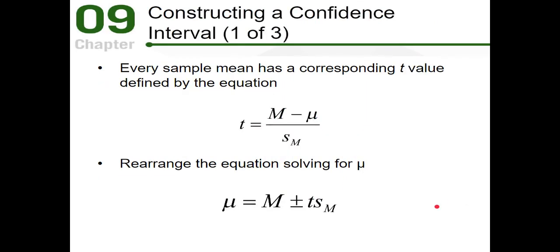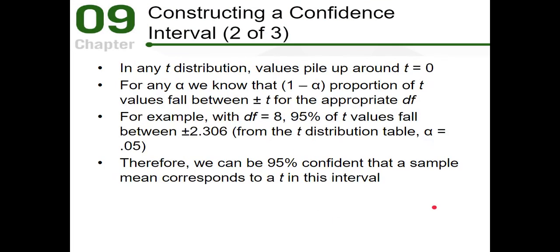Every sample mean has a corresponding t-value, which is defined in the equation, and we can rearrange that equation as well whenever we're trying to calculate the amount of variance. In any t-distribution, values are going to pile up around 0 for any standard deviation that we know.